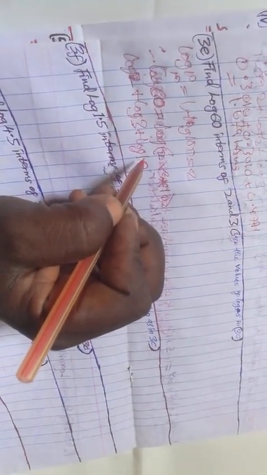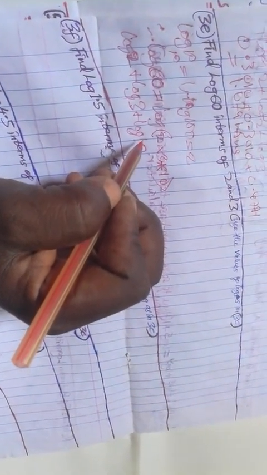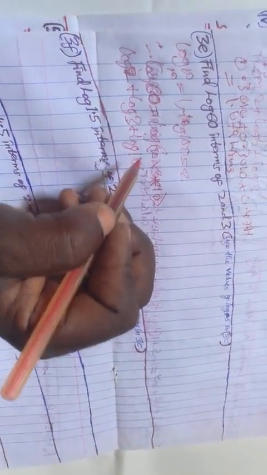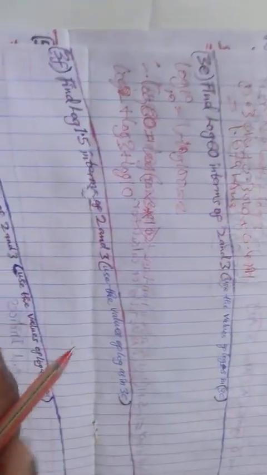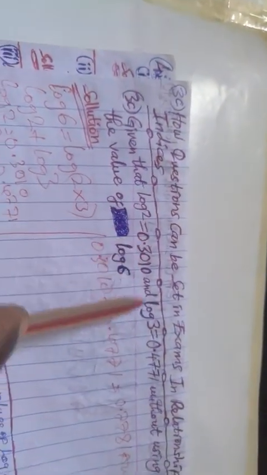substitute the values given in the logs in our previous questions on part 3c. These are the values given: log 2 is 0.3010.